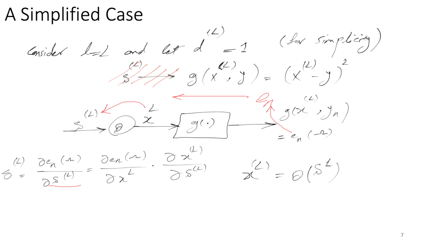And then suppose this nonlinearity was theta, a sigmoid function, or hyperbolic tangent or anything. So we found that x_L is equal to the output of that activation function of S_L, right? Because the output of this would be this.